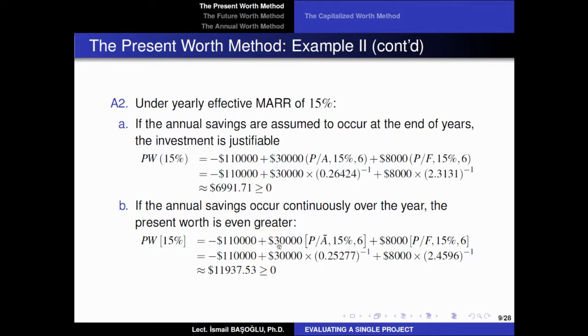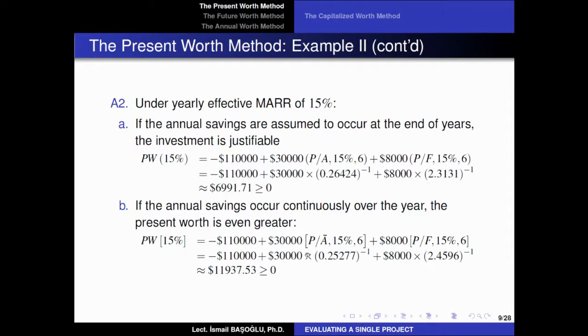We are going to save that much energy every day, or every second, every minute we are going to make some savings, but the amount of savings throughout the year is going to stay the same. So this $30,000 is not the end of year payment, but instead it is the average rate of savings per year. On average, we save $30,000 every year, but at a constant rate.